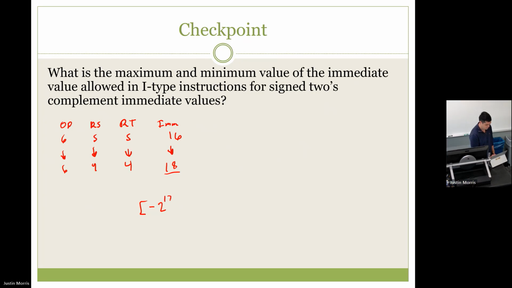Through 2 to the what? 17 minus 1. Yes. So this is my new range of immediate values that we can represent in the I-type instructions.